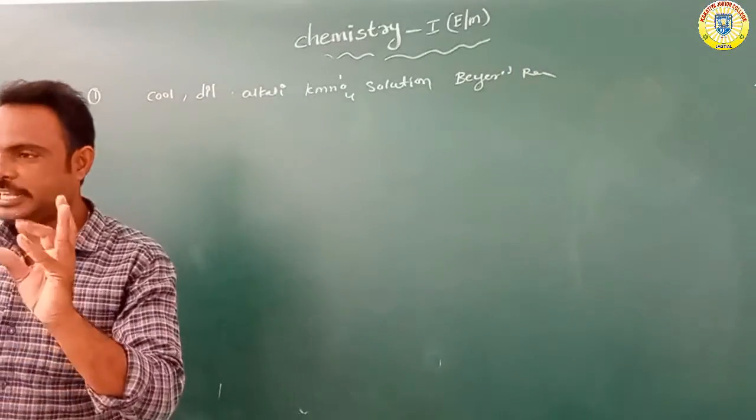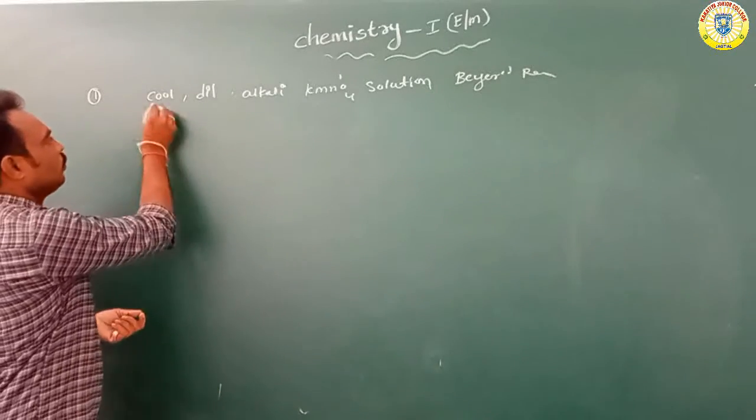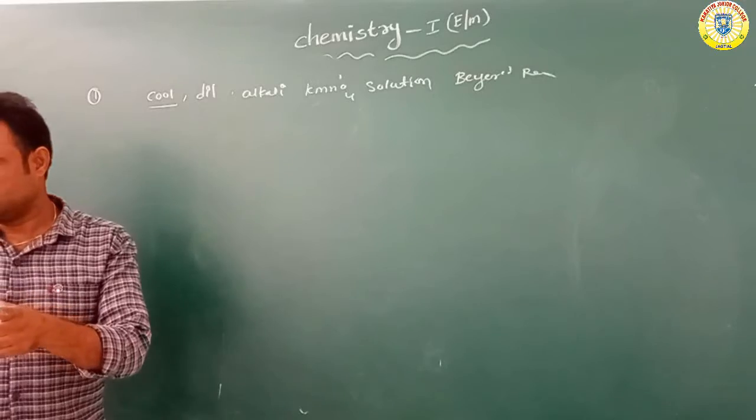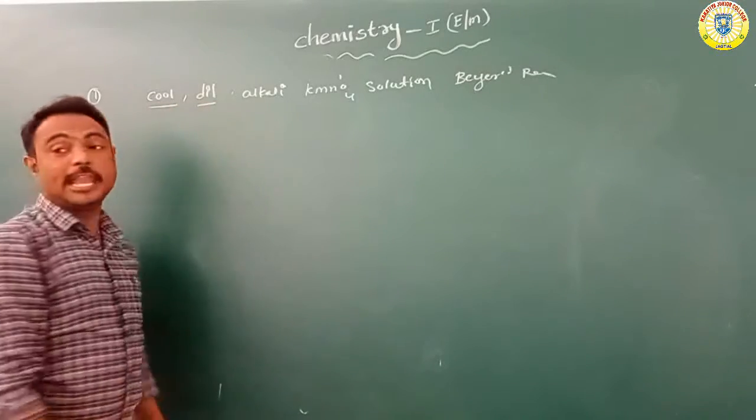What is Bayer's reagent? So first it is cool, heat and cool. Next, the second one, dilute.